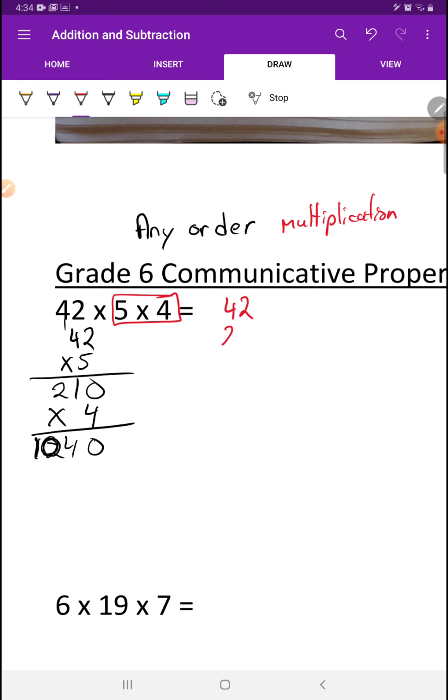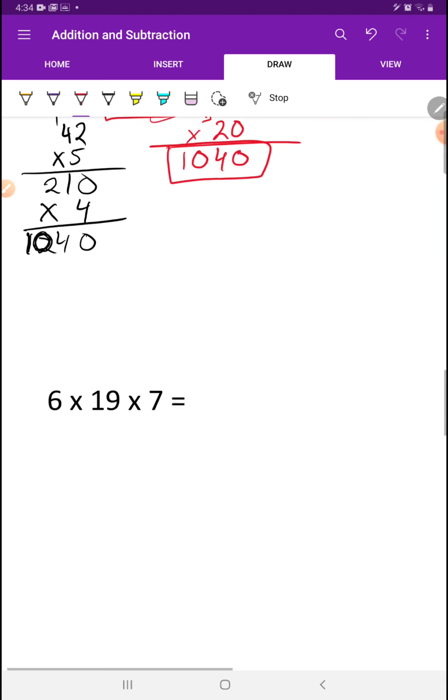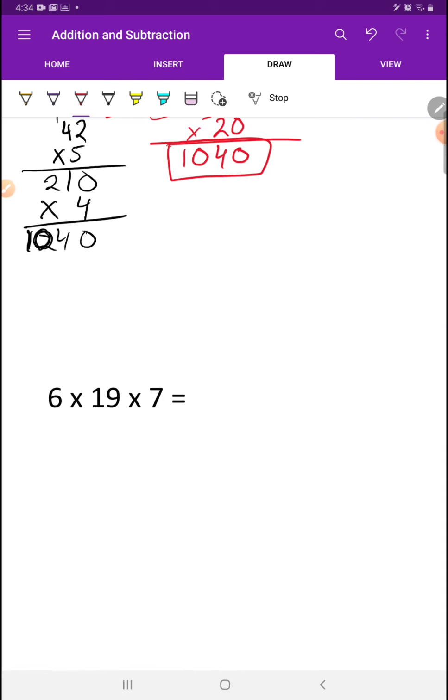You got 42 times 20. In other words, 4 times 5 is 20. So you just do 42 times 20. And that is a much faster way to go. It's only one step instead of 2 steps. So again, down here, we could go 19 times 6, find the answer, and then go times 7.